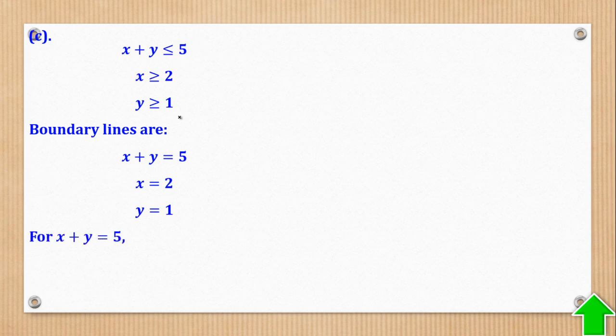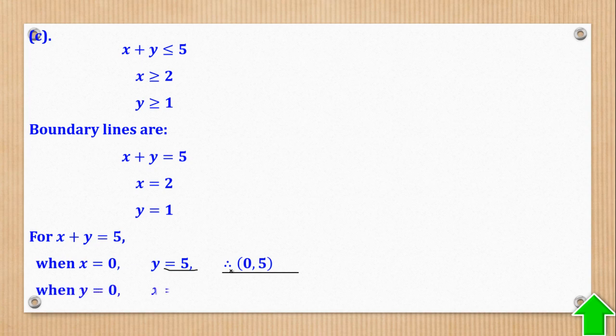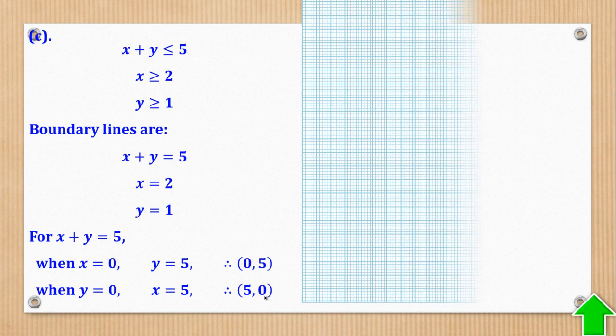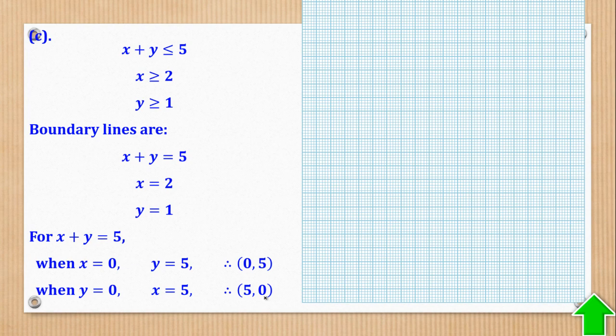Then for the line x plus y equal to 5, we need 2 coordinates. So when x is 0, y is 5. And when y is 0, x is 5. Therefore, now we can get our graph paper and represent the information on the graph.